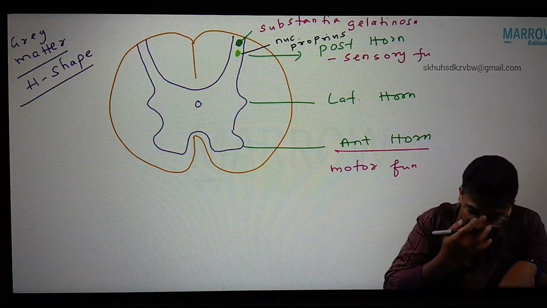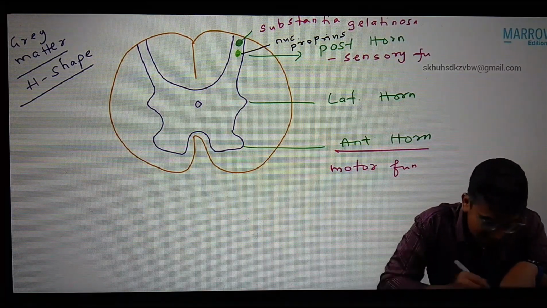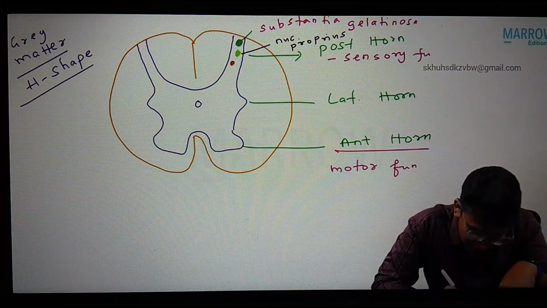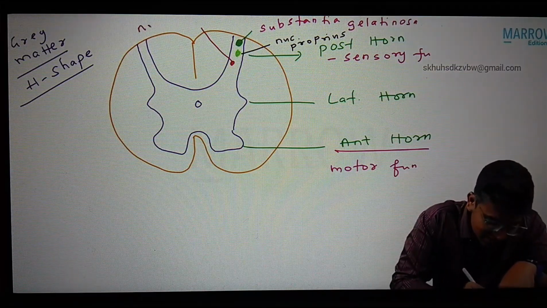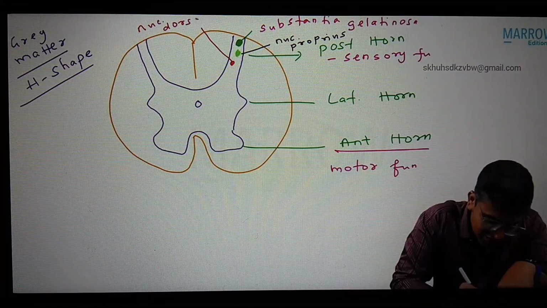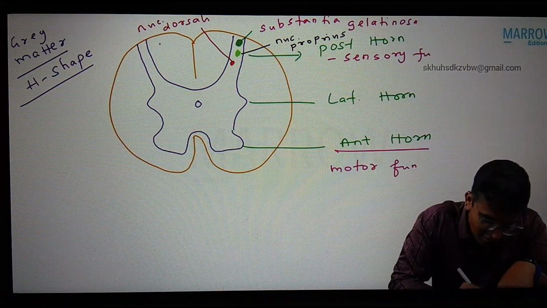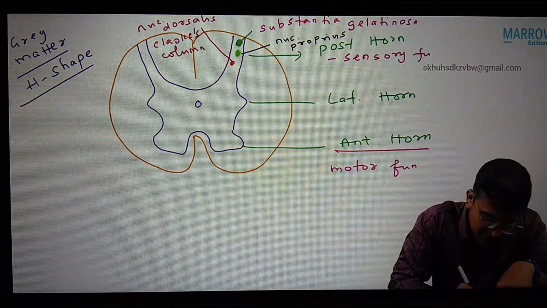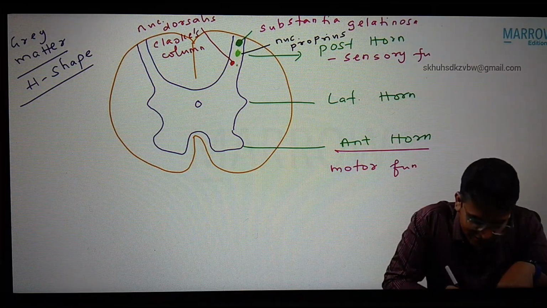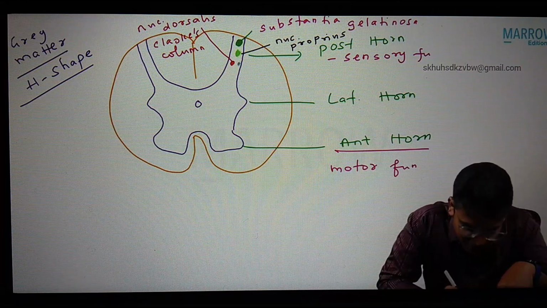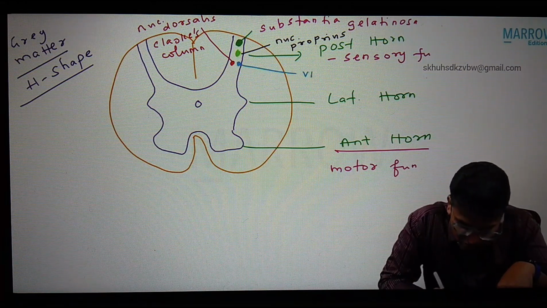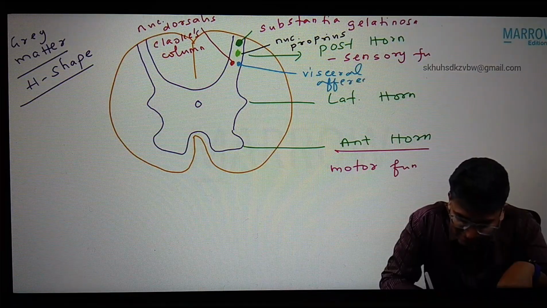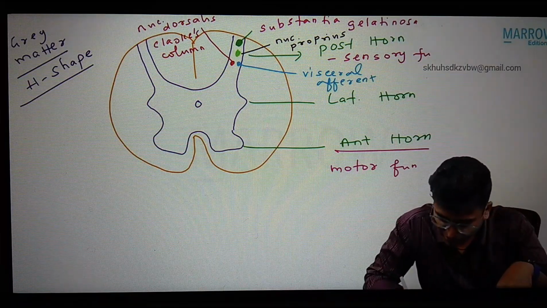And behind that, we have Clarke's column, or nucleus dorsalis. And just lateral to that, we have the visceral afferent nucleus, which carries the afferent fibers from the organs.